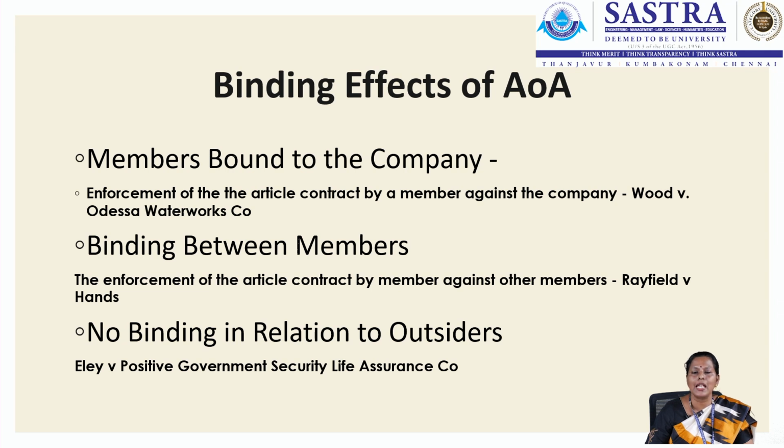So though it has been mentioned in the articles of association that the solicitor cannot be sacked unless he gets into unlawful activities, this cannot be used by the solicitor when he got sacked, because he is an outsider. The company does not have any binding with the outsider with respect to the rules and regulations stated in the articles of association.